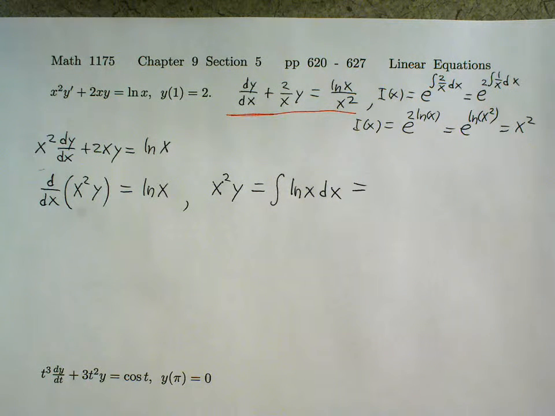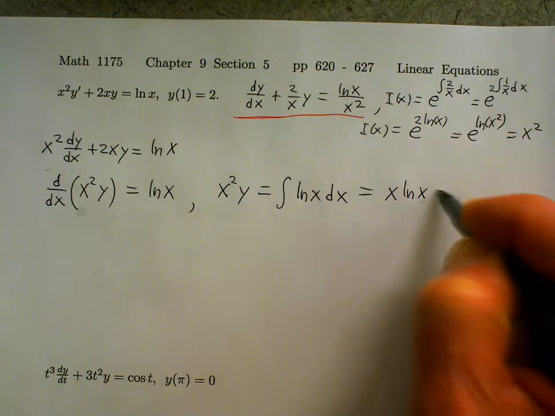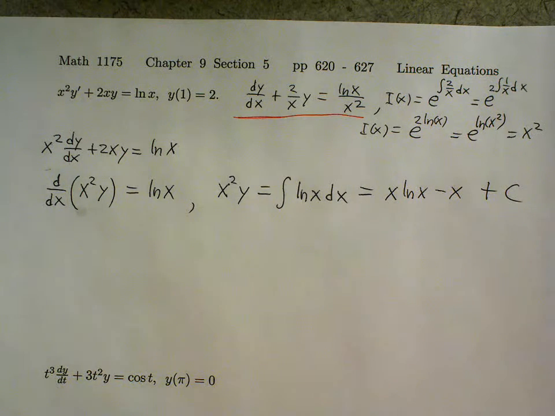Do you remember the integral of the natural log of x dx? Or just an antiderivative for the natural log of x? Yeah, it's x times the natural log of x minus x, and then plus a constant.